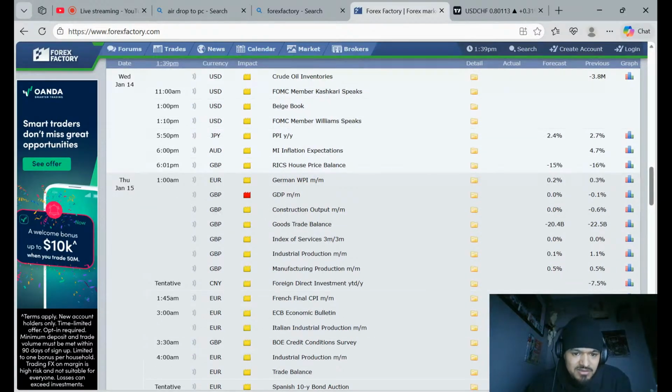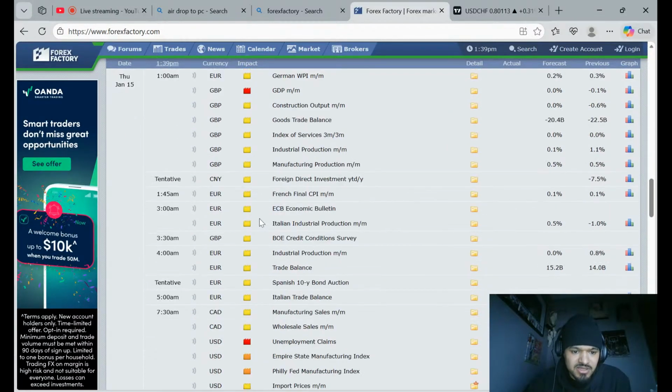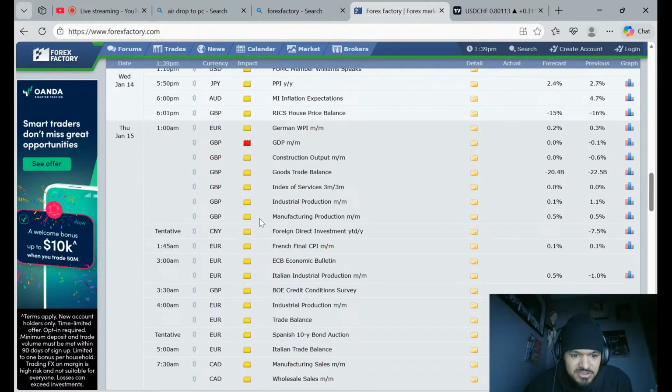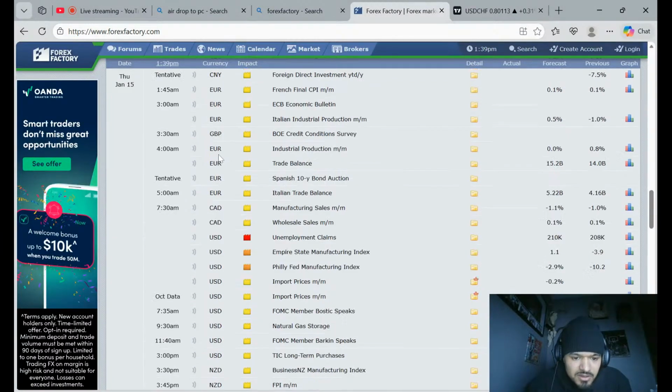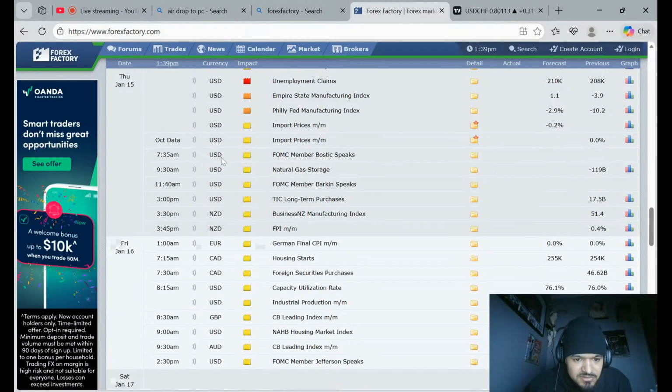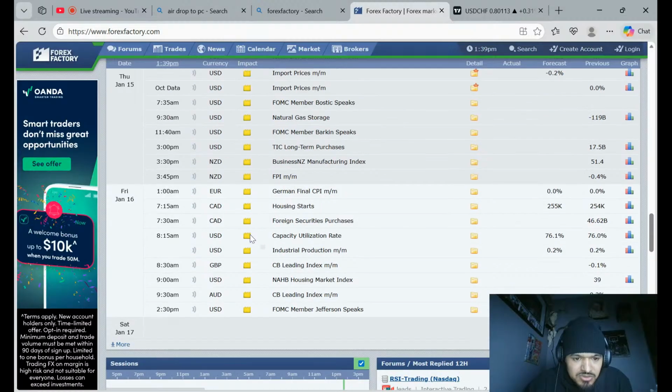Thursday's not bad because you don't have many folders that day. I don't see any actually. Just yellow, but they're all Euro, GBP. Let's see, Friday. You've got 3 folders Friday, 4 folders Friday. So Friday, I probably wouldn't trade.